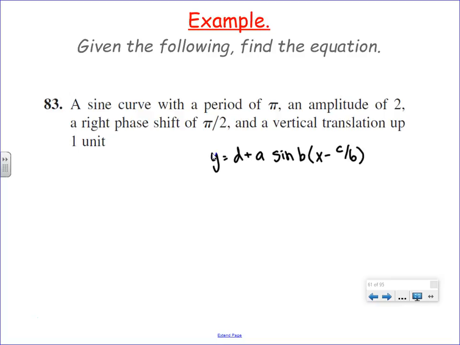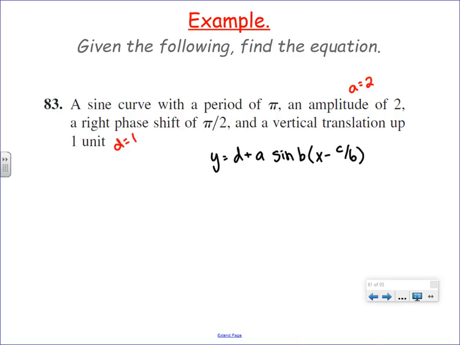They don't say that. Translation. This is D, right? Because we have to ask ourselves, has it been shifted up or down at all? Because that would shift the middle. Well, it has been. So therefore, who's my D? 1. Got it. So the middle got shifted up 1.